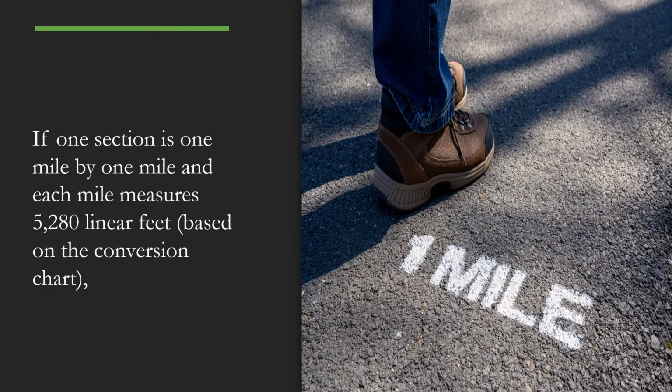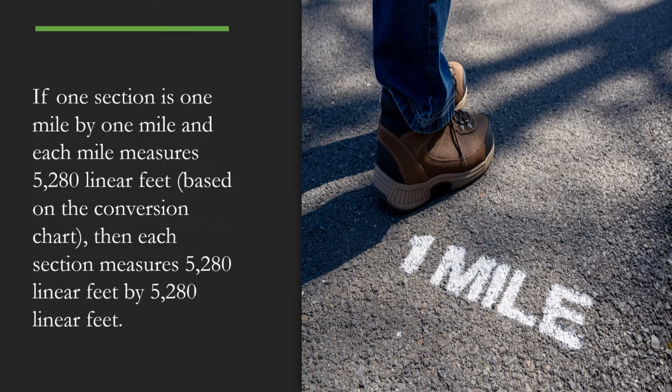If 1 section is 1 mile by 1 mile, and each mile measures 5,280 linear feet, refer to the previous conversion chart, then each section measures 5,280 linear feet by 5,280 linear feet.